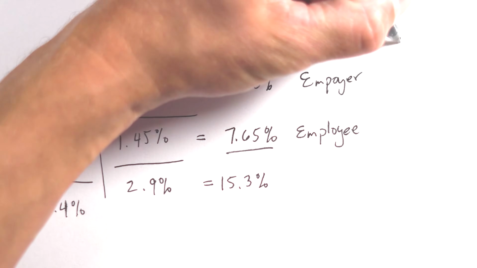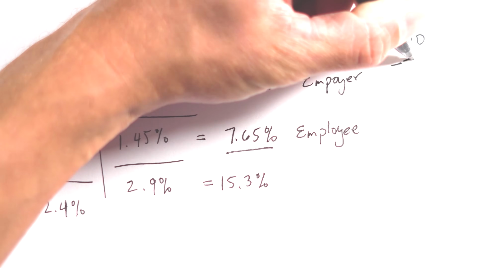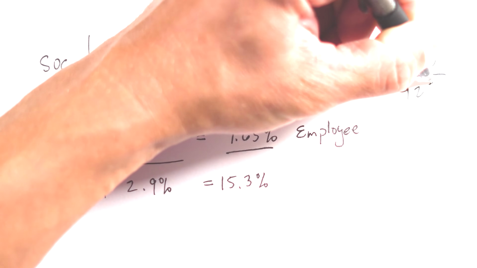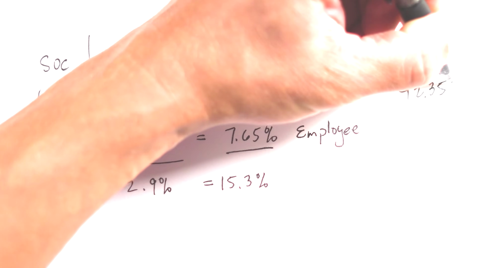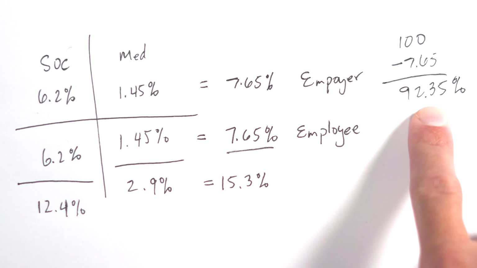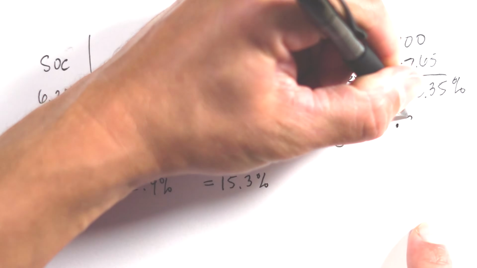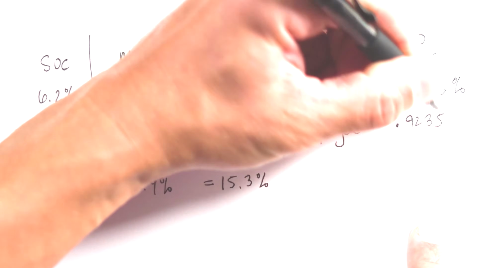Now, the reason we do that is because we're subtracting 1/2 of the rate of our self-employment tax. So just to show you on paper, if we take 100 and we subtract 7.65, we're going to get 92.35%. Now, if we were to write this out, it would be 0.9235, and that's what you would enter in on the calculator.